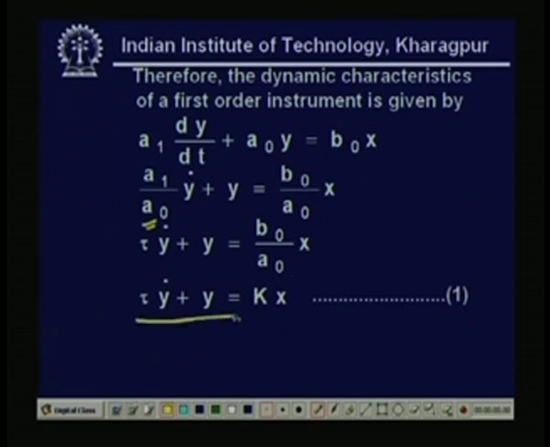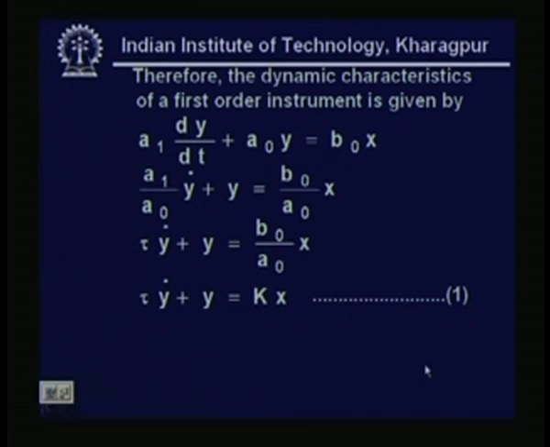Finally, we have written tau y dot plus y equals kx. We remember for the zero order instruments also, k is the static sensitivity of the system and tau is the time constant of the system, and this is equation number 1, where tau equals A1/A0 and k equals B0/A0.